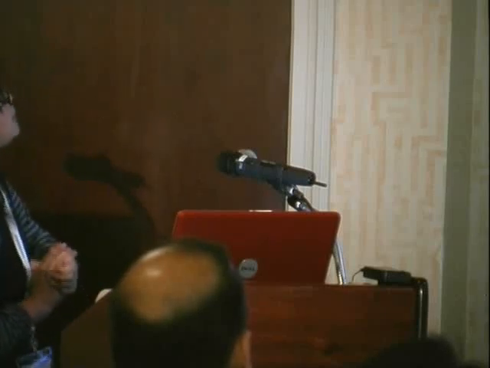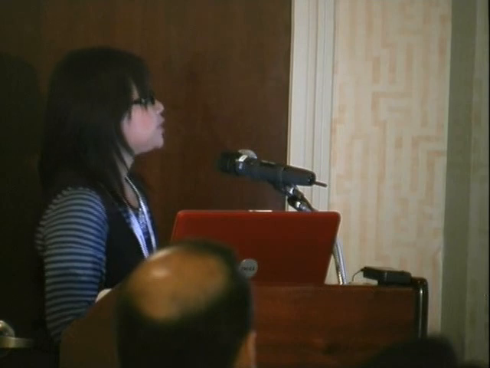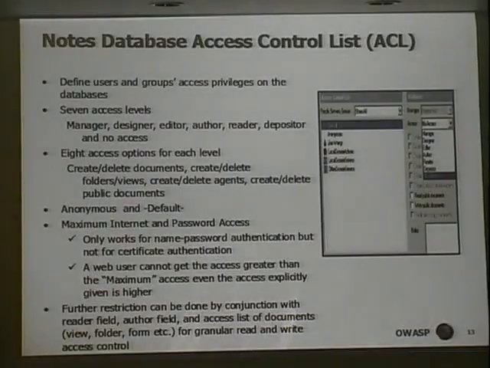Okay, here's my favorite topic. Every Notes database has an access control list. This access control list will determine what user gets what privilege and can perform what tasks on these databases. And there are seven access levels. From the most permissive to the least, it's manager down to no access.